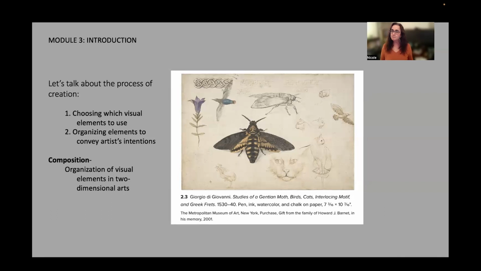So just a couple of basic categories to understand before we get started with Module 3, and a quick definition on composition. So we're going to get into composition, the principles of design, and how those are approaches to composition as we begin Module 3 together. We'll see you soon.